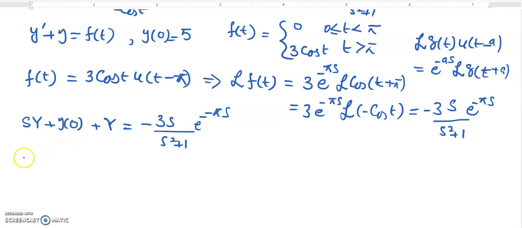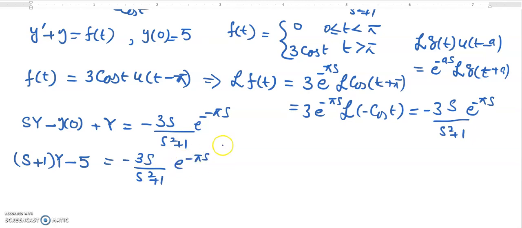We take s plus 1 as common out of Y, and then it is minus 5, since y of 0 was 5.